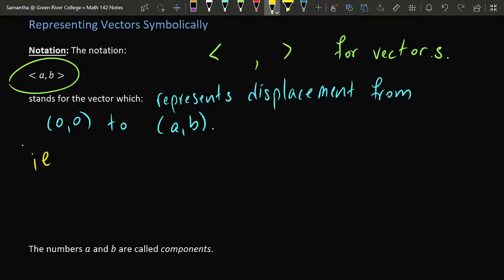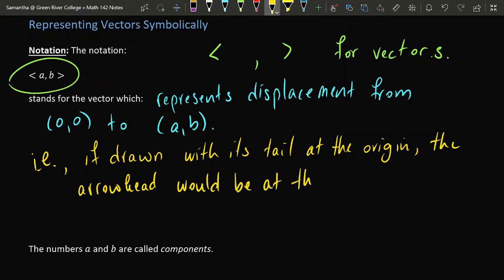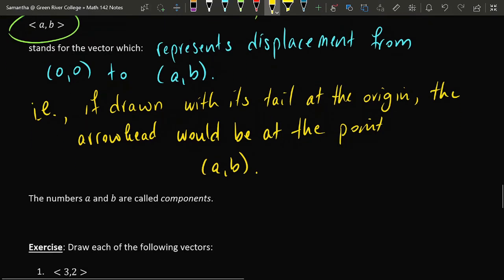To rephrase this, this is the vector which, if drawn according to tradition with its tail at the origin, the arrowhead, the tip of the arrow, would be at the location parenthesis a comma b. And the numbers a comma b here are called the components of the vector.